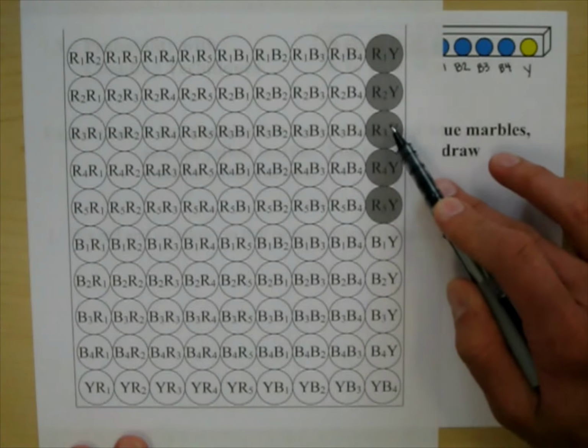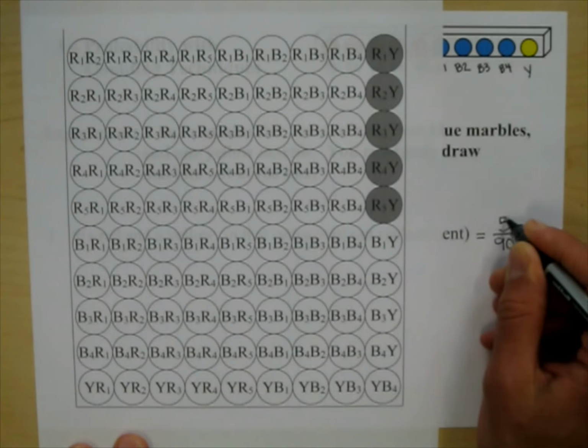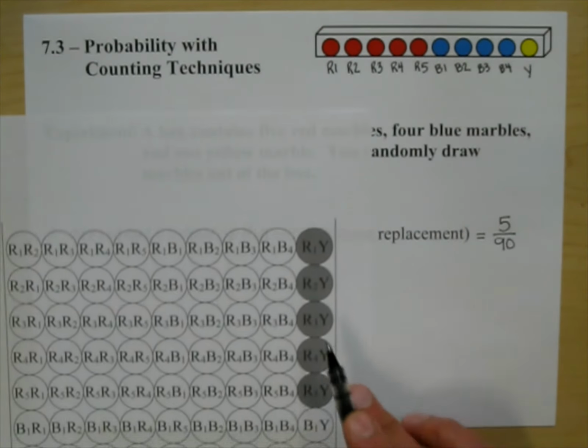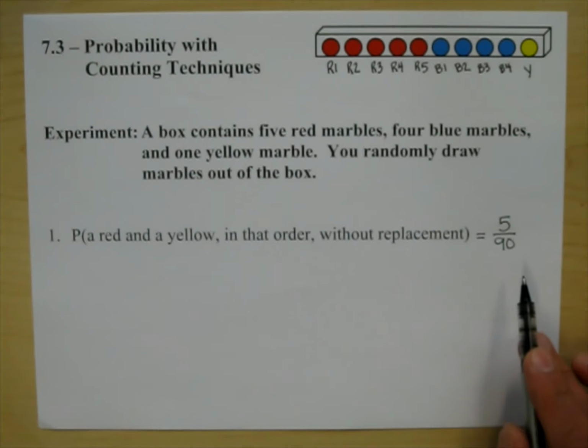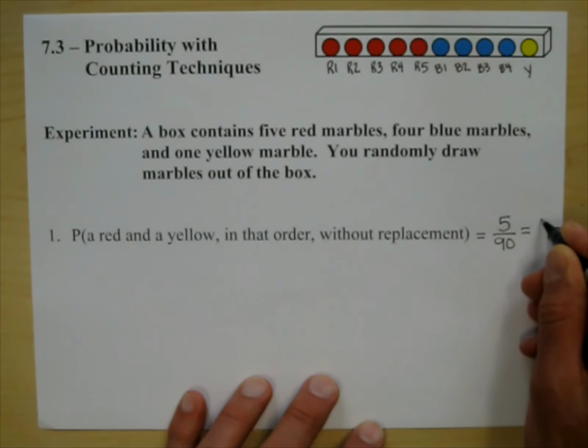So 1, 2, 3, 4, 5. And it does say in that order. So 5 out of 90. Well, if you reduce it, dividing 5 into 90 and 5 into itself, you get 1 out of 18.